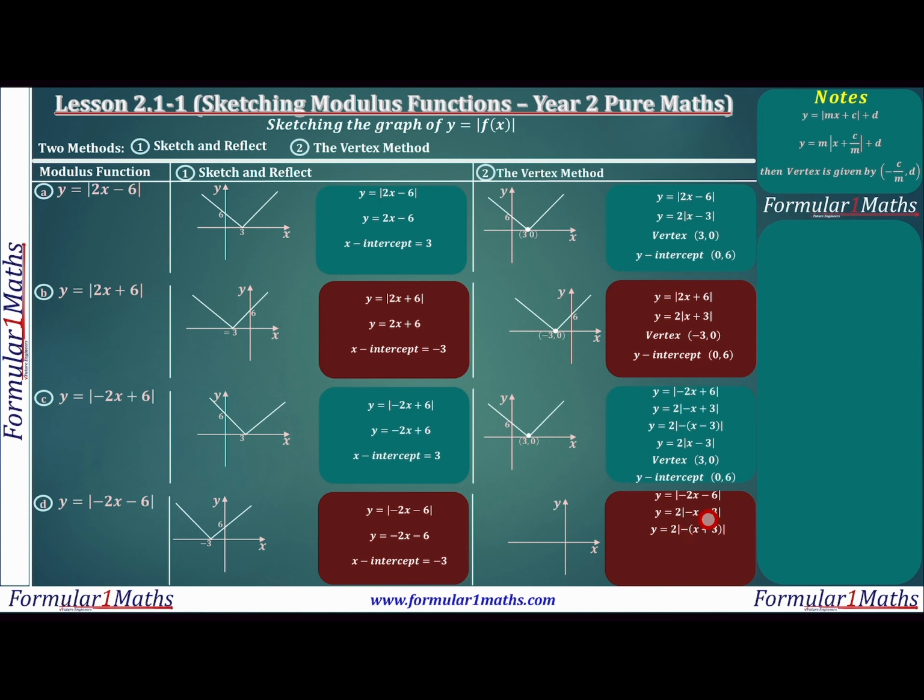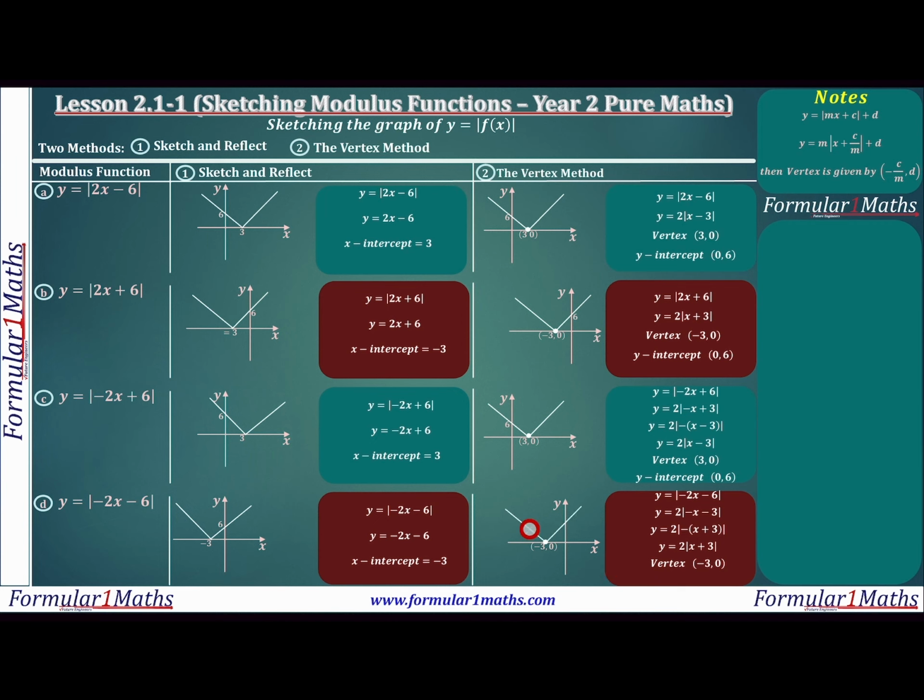We can rewrite this one as this, because the modulus sign will get rid of this negative sign over here, and I get that. So now that I've got that, the coefficient here is 1. I can negate that to get minus 3, and there's no value outside here. So my vertex will be (minus 3, 0). And then if I indicate it on the graph, I'll get this, and I'll draw my V shape with this point as vertex.